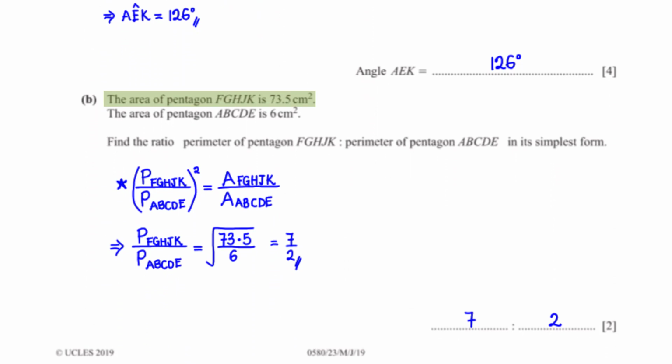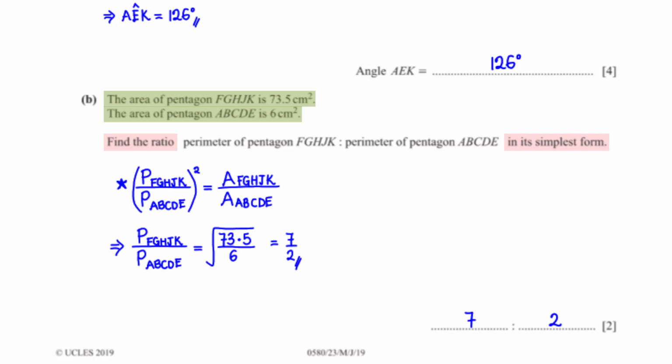The area of pentagon FGHJK is 73.5 centimeters squared. The area of pentagon ABCDE is 6 centimeters squared. Find the ratio of the perimeter of pentagon FGHJK to the perimeter of pentagon ABCDE in its simplest form.